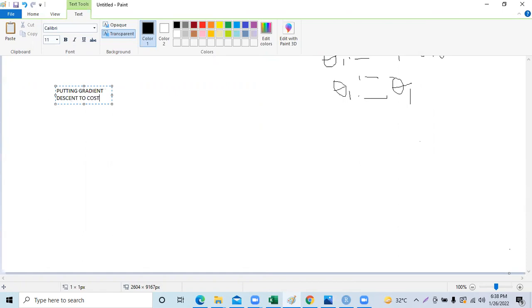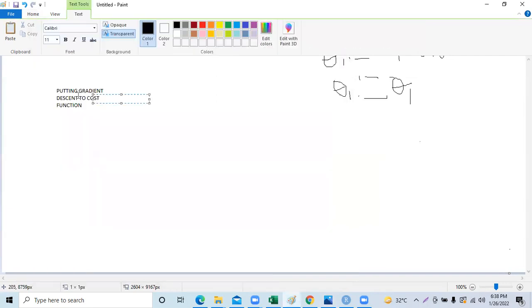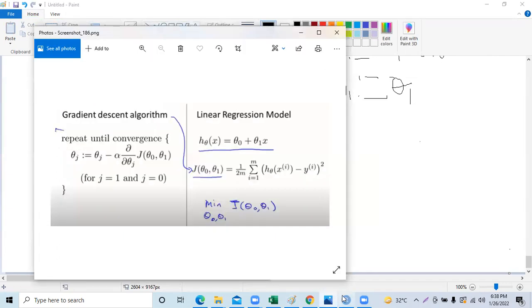What we want to do now is write this out all over again under this topic. Write out this and write out this.